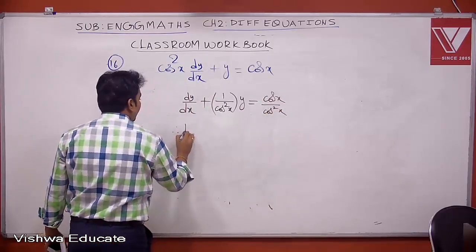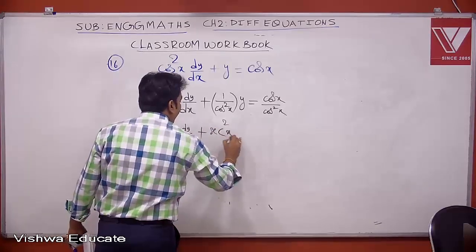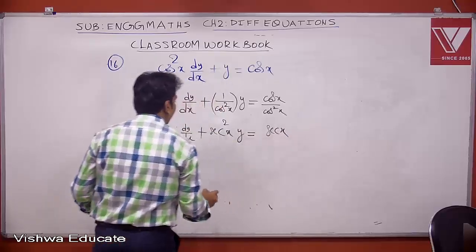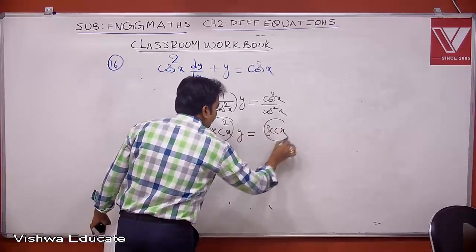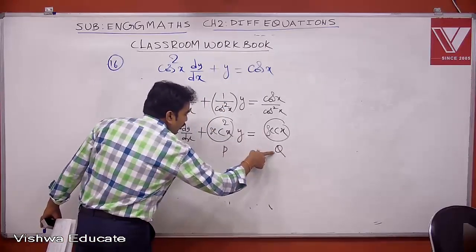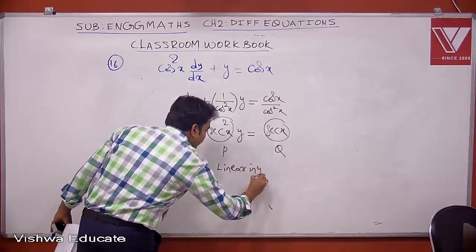So this is dy by dx plus secant square x into y equal to secant x. Now this is the p value and this is the q value. So it is in the form dy by dx plus py equal to q, so this equation is linear in y.